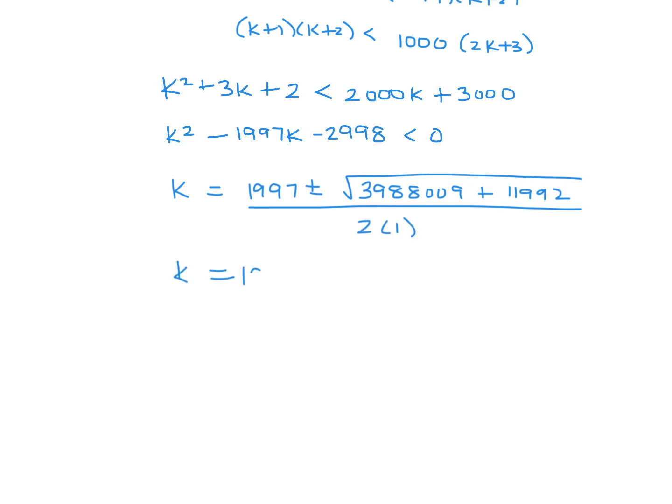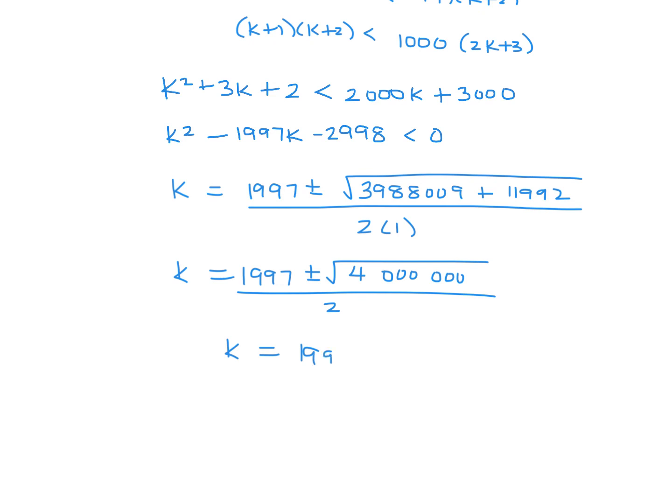And then this is 1997 plus or minus the square root of 4000000, so that's nice. All over 2. And that gives me, it's got to be a positive, right? So the positive value is 1998.5001.